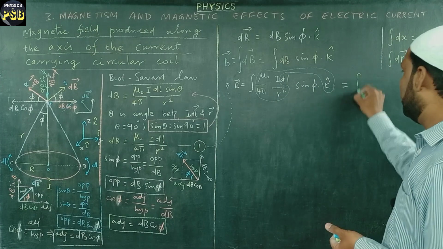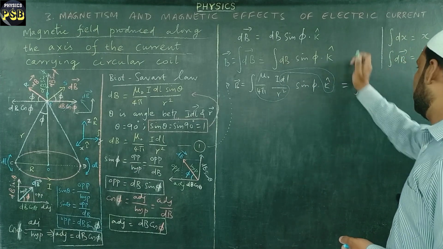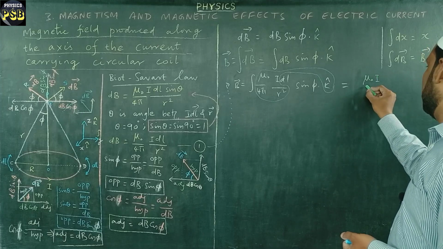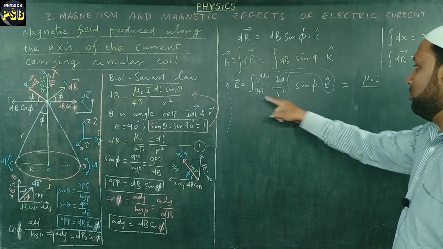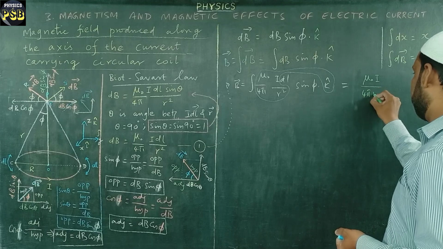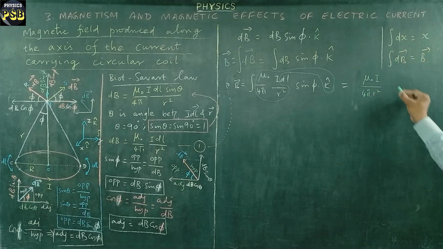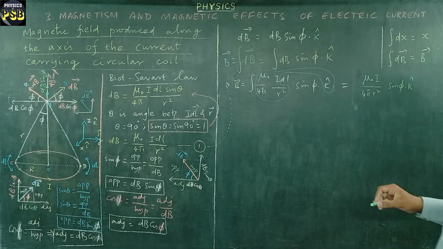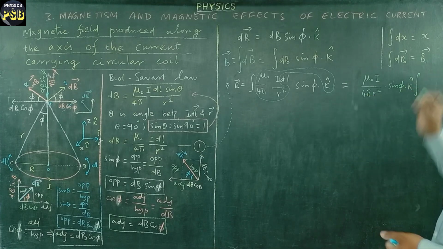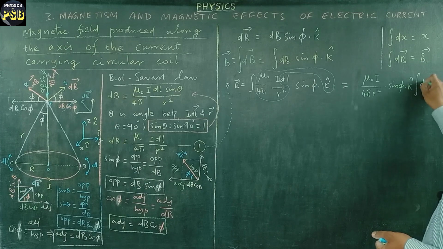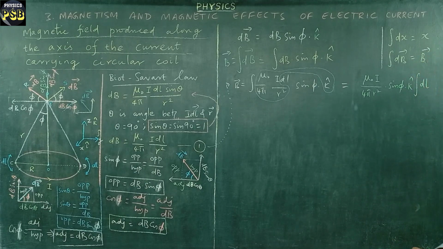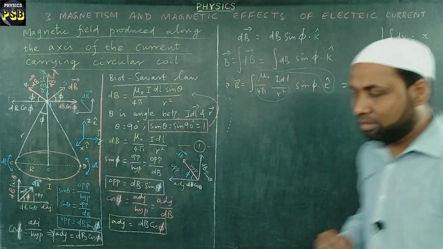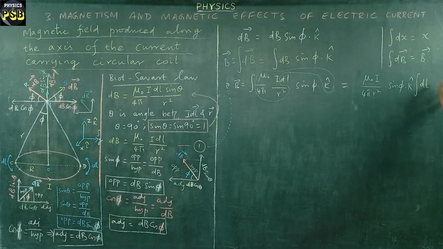Let me show this to you here. Take the mu naught I divided by 4 pi r square, sin phi taken out along with the k cap. Then the integral symbol with a dl. Here dl is the length of this line element. Clear? I'm going to integrate this alone.